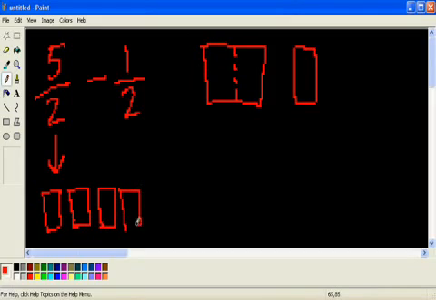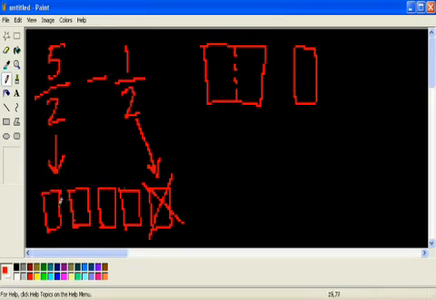So to subtract a half, as long as this pen will work, I'm going to have to take one away. So I'm going to take this away. That's one of my halves I'm taking away. What I have left are 4 halves. Okay, here's 1, here's 2, here's 3, and here's 4. So there's my 4 halves.